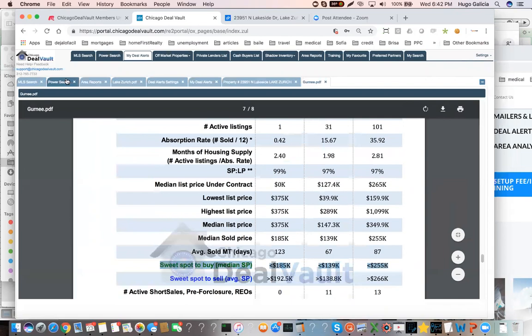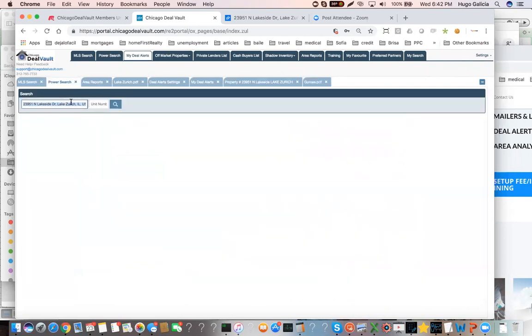So having said that, let's do a power search on that particular property that I was given. So this is the property. Let's pull it up.